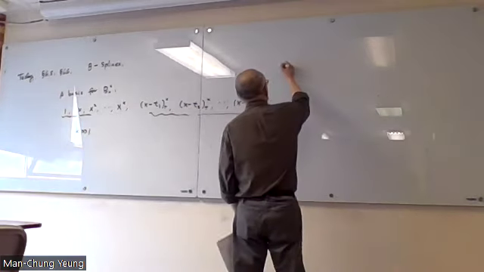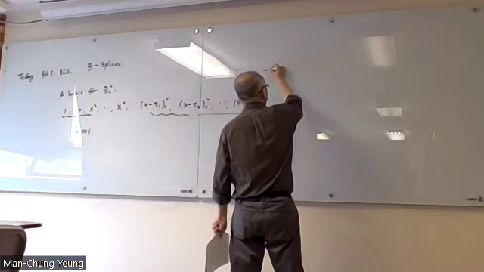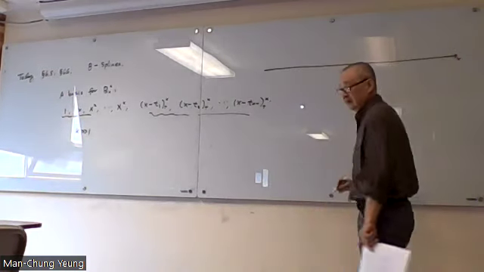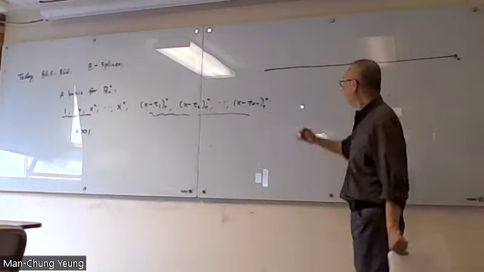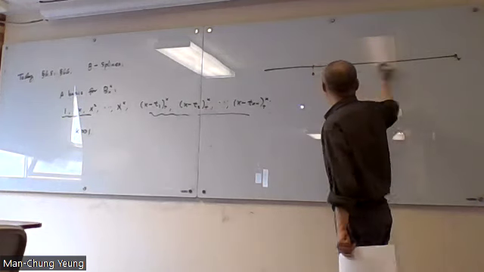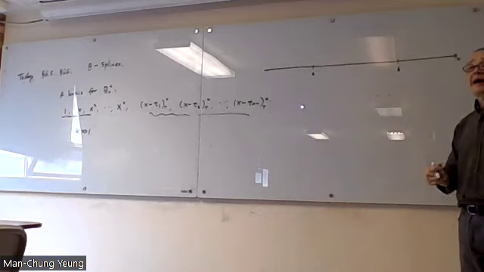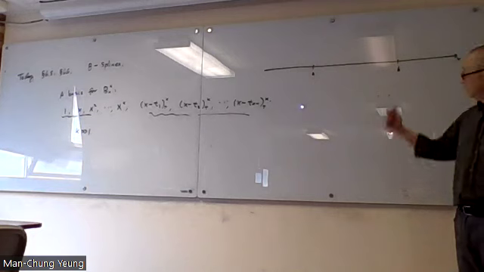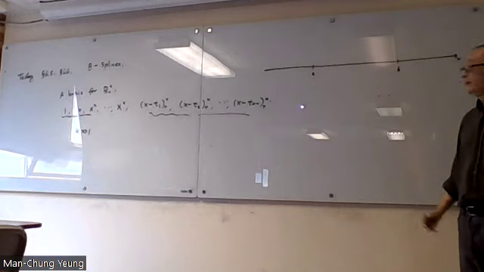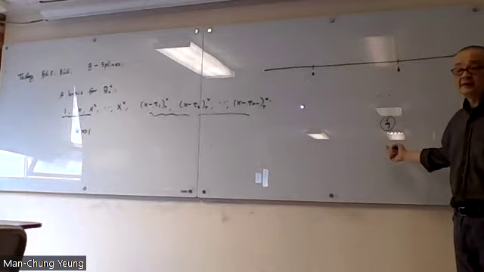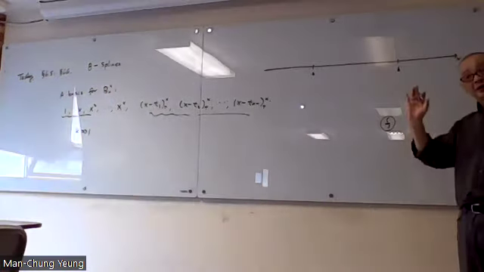Let's draw a real line. Interval AB. Suppose the function f is defined on the interval AB. What is function f? The function f usually we don't know.